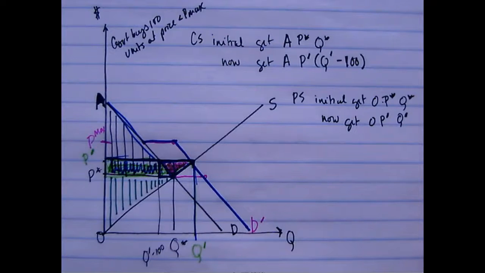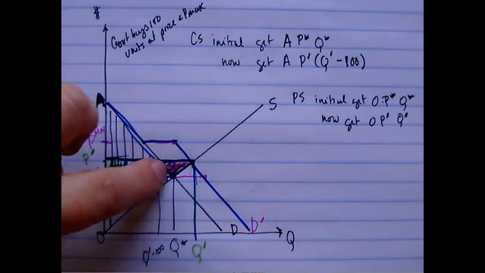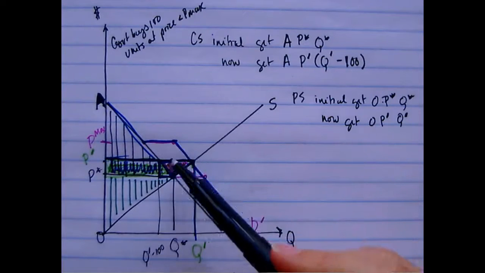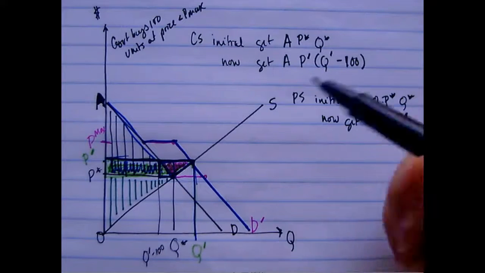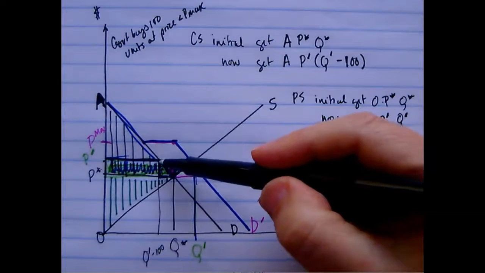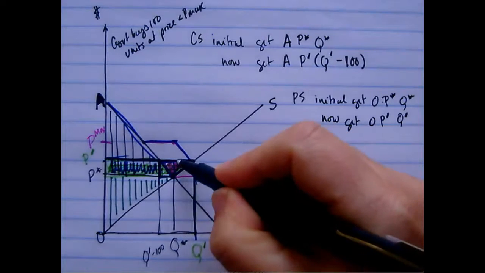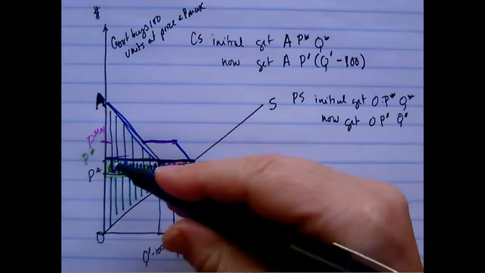And so what we've got is a transfer of surplus from consumers to producers, this area here, and then an increase in additional surplus that's coming from the government. So the big thing is that the government is essentially buying this, it's paying this whole amount here. The area, these 100 units, between Q prime and Q prime minus 100 times P prime.